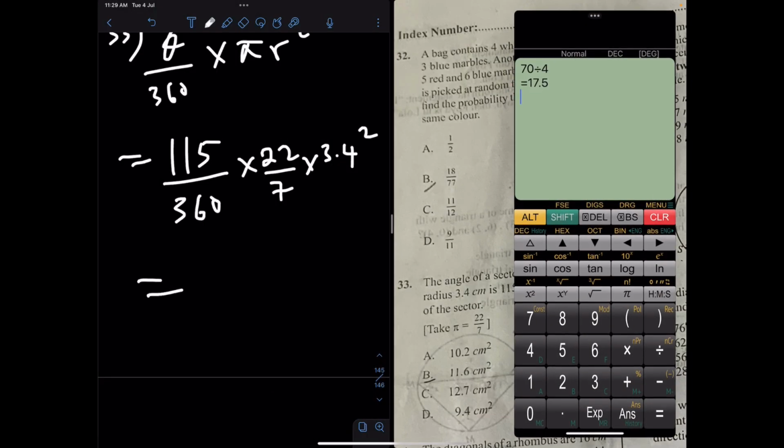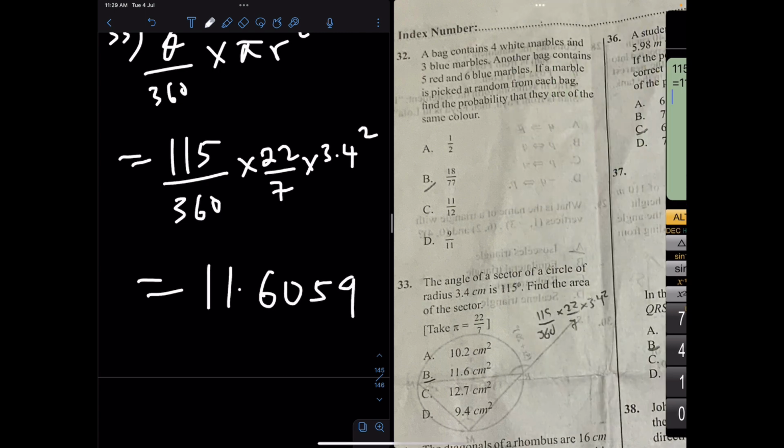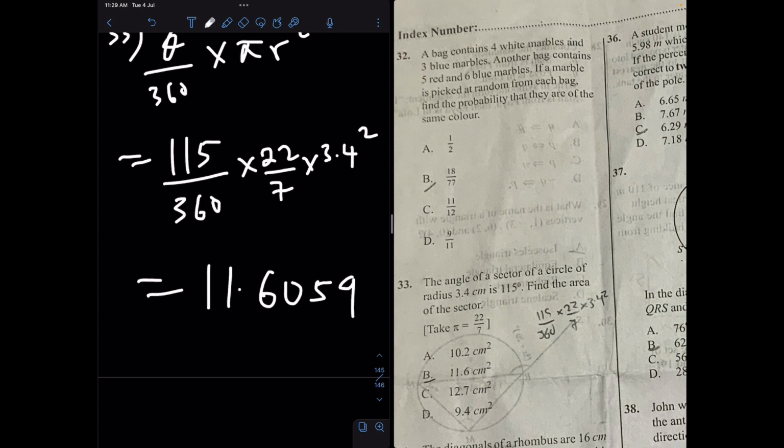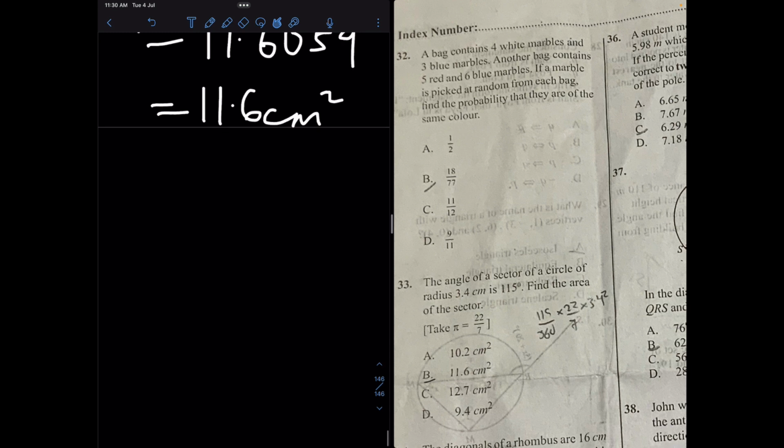That's 115 times 22 times 3.4 squared divided by 360 divided by 7, and that's 11.6059, which is approximately 11.6 centimeter squared, and the correct option is B. We go to the next, which is number 34.